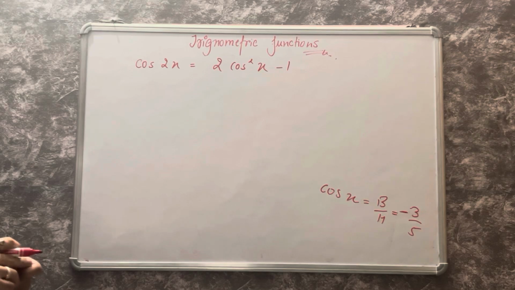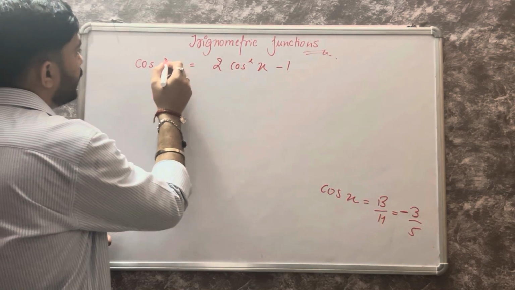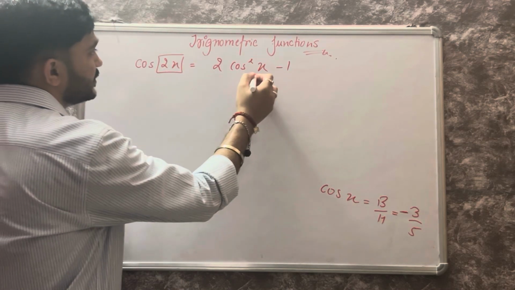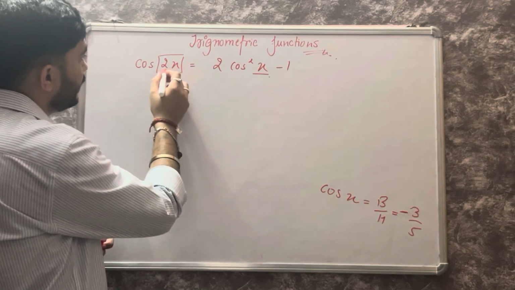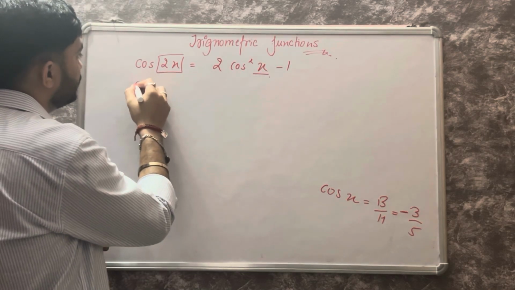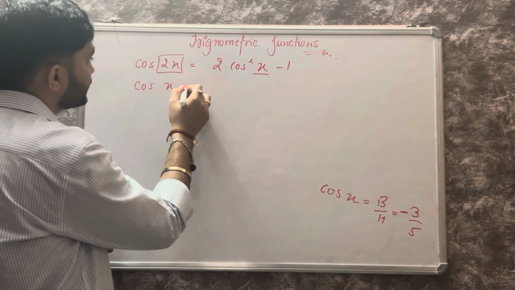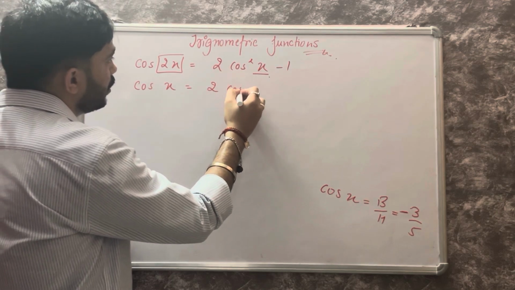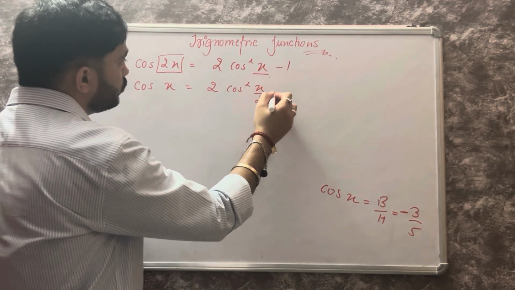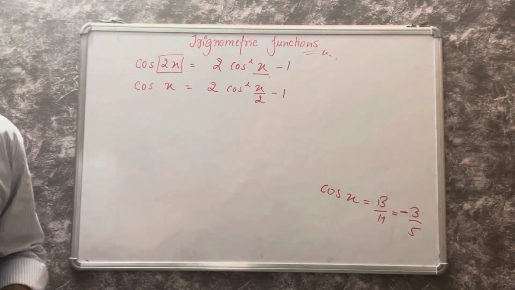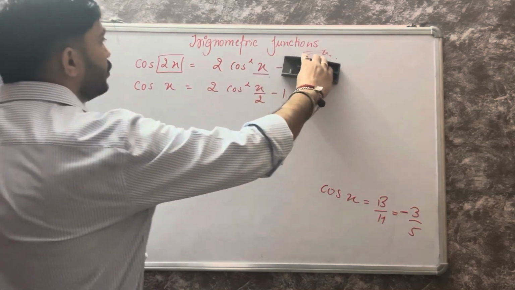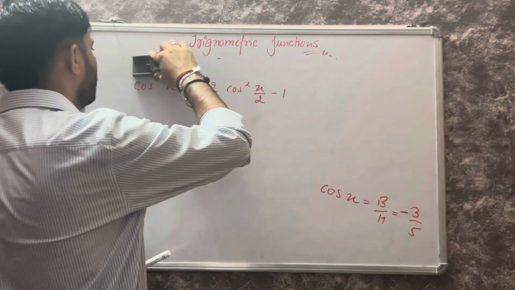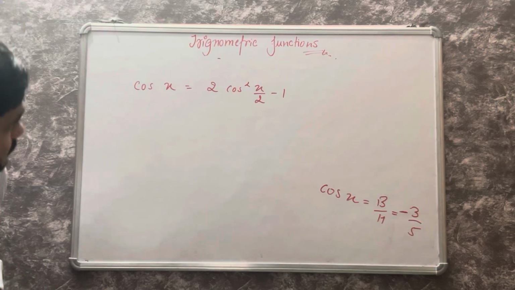This is the formula. This is 2x, this is x. If we divide this angle by 2, the formula becomes cos of x is equal to 2 cos square x by 2 minus 1. So we are going to use the second formula here, not the first one.